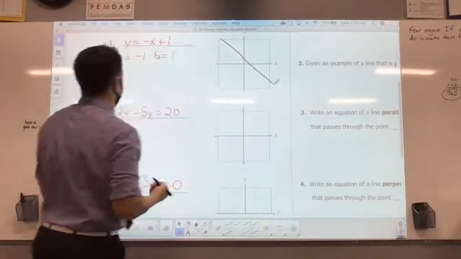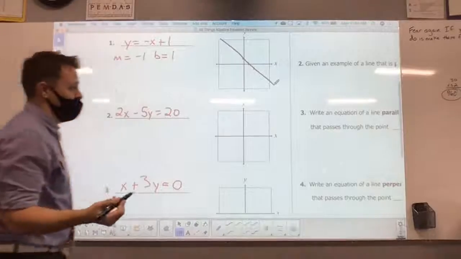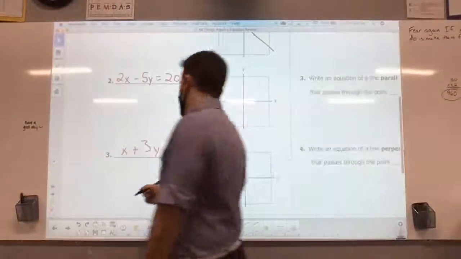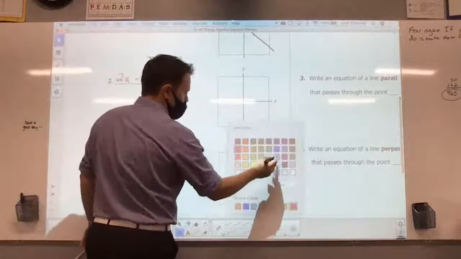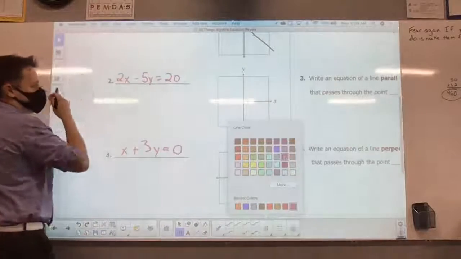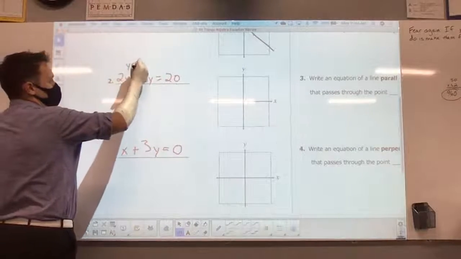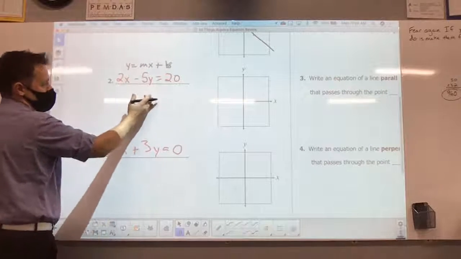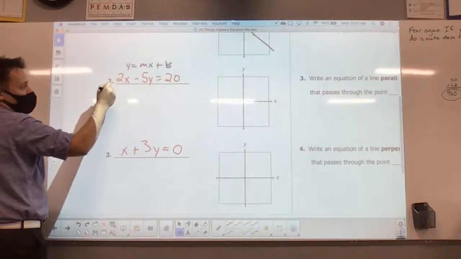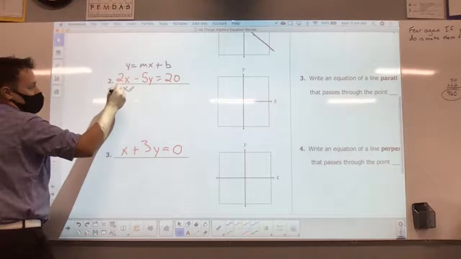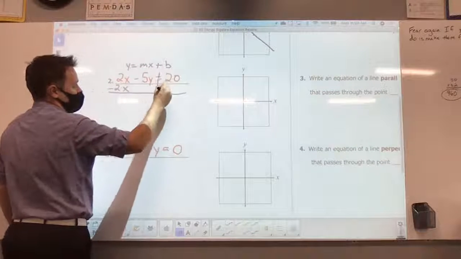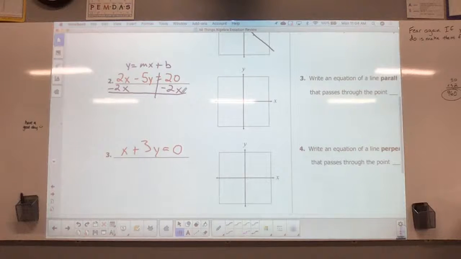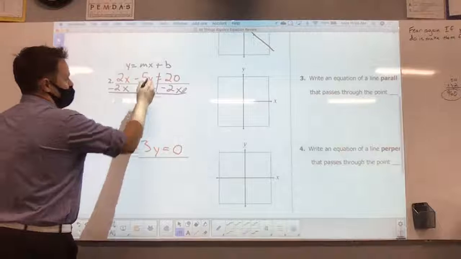That's better, okay? The other one here you have to rewrite because we can't graph a standard form equation. So what would be your first step? Want to make it what? y equals mx plus b. Doesn't look like that. So your first step is to do what? Move the 2x to the other side. Okay, remember, equal sign splits the equation in half. Move it. Simplify it down.